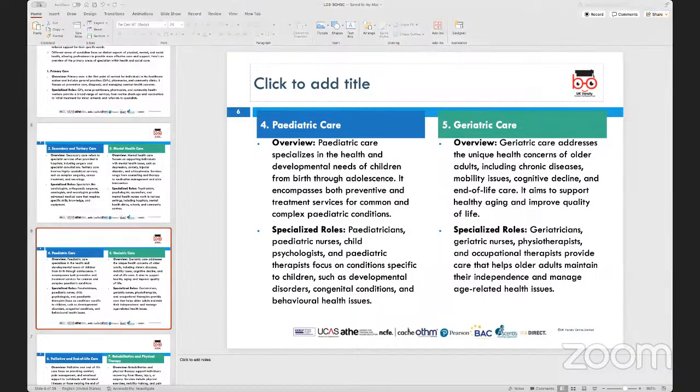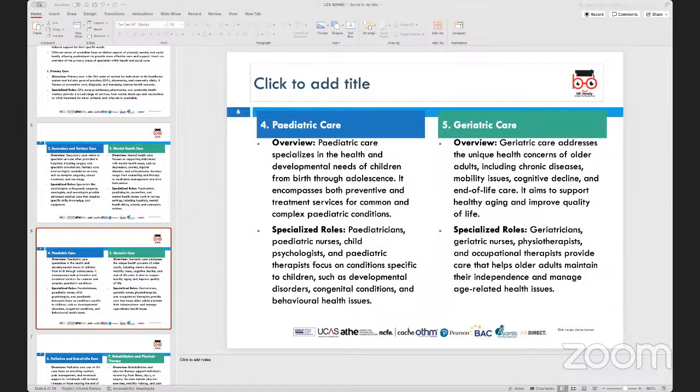Now, when we talk about geriatrics, this is a term that we looked at when we talked about what geriatric care is. The word geriatric basically refers to the medical specialty that focuses on the healthcare needs of older people or adults. So pediatrics might be children up until the age of 13 or adolescence, but geriatric care is primarily provided to older adults. The idea is to create a balance between improving their health, quality of life, and independence.